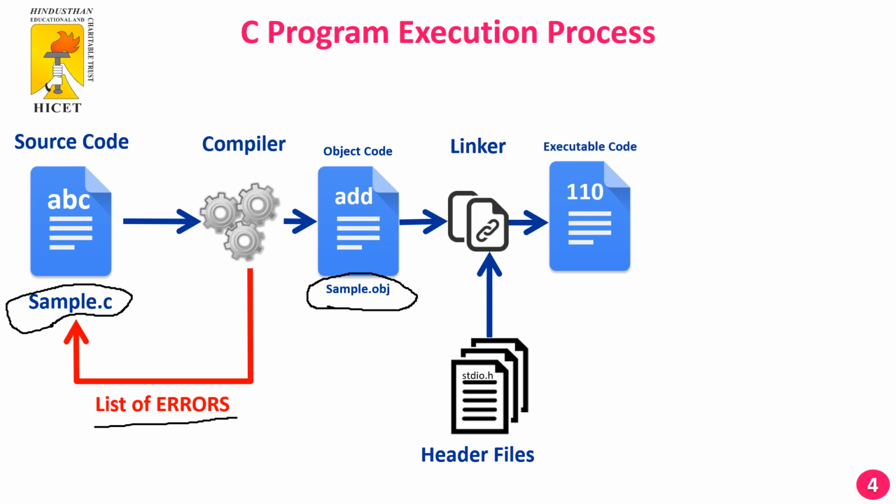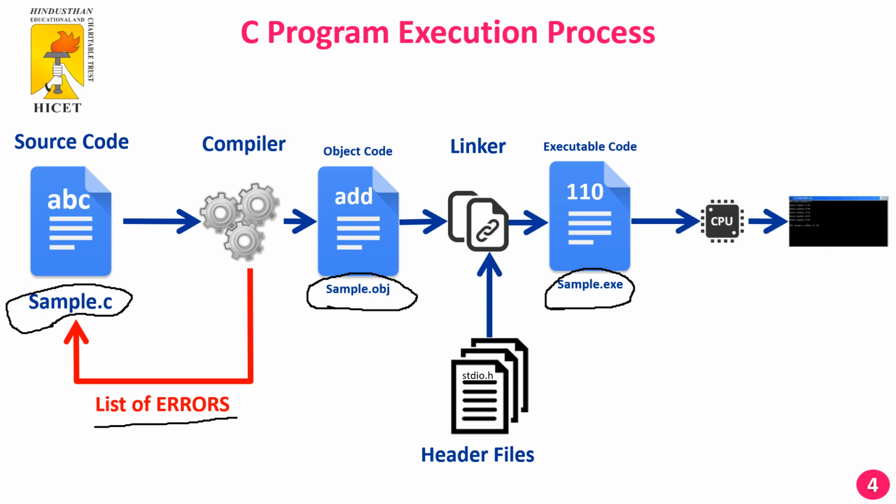Once the linking process is over, an executable file will be generated, named with the .exe extension. This executable code is given to the processor, and it will process the executable code. The output will be displayed on the user screen. So this is the process in program execution. Thank you.